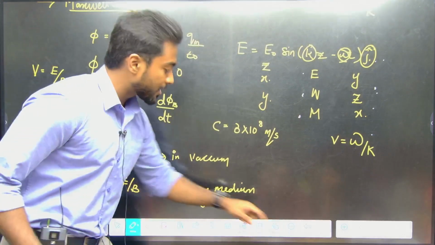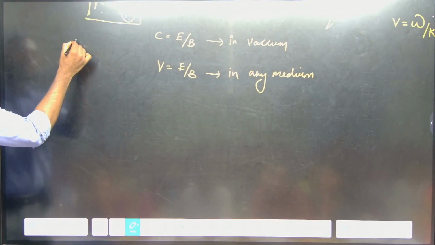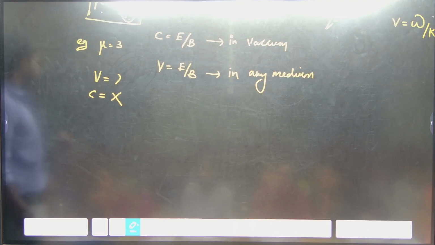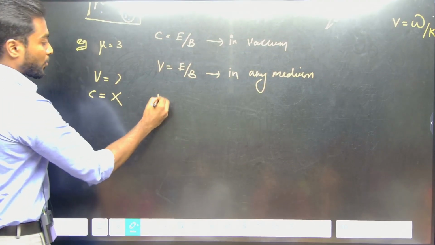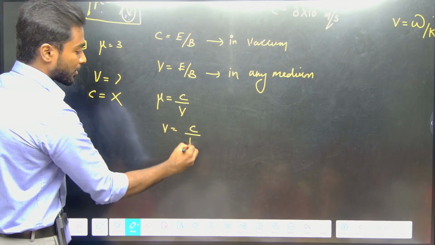For example, suppose the question says the refractive index is 3 and light is traveling in a medium, which means I need to get the value of V, not C. Mu equals C by V, so V equals C by mu.